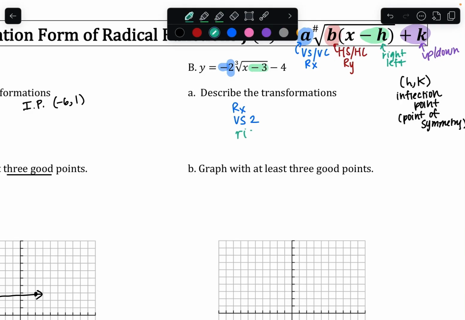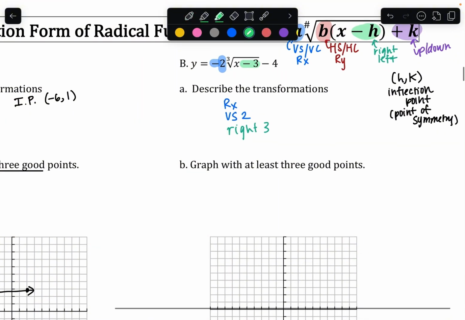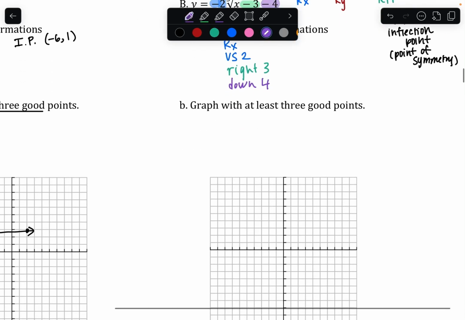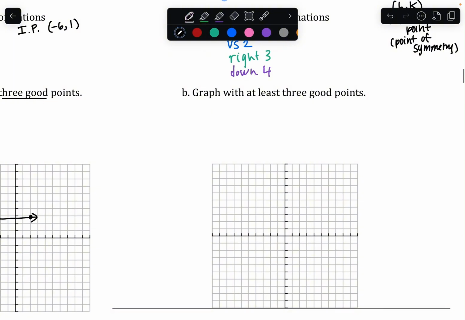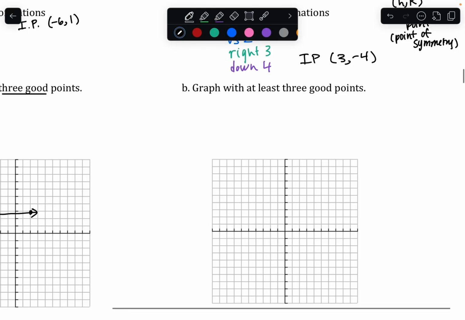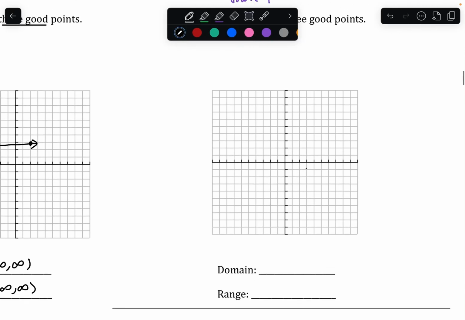Remember, everything under the radical is going to be opposite of what you would expect. Everything outside is what you would expect. So this -4 outside moves you down 4. Okay, and so starting with the fact that the inflection point is right 3, down 4, I'm going to go ahead and graph that at (3, -4).